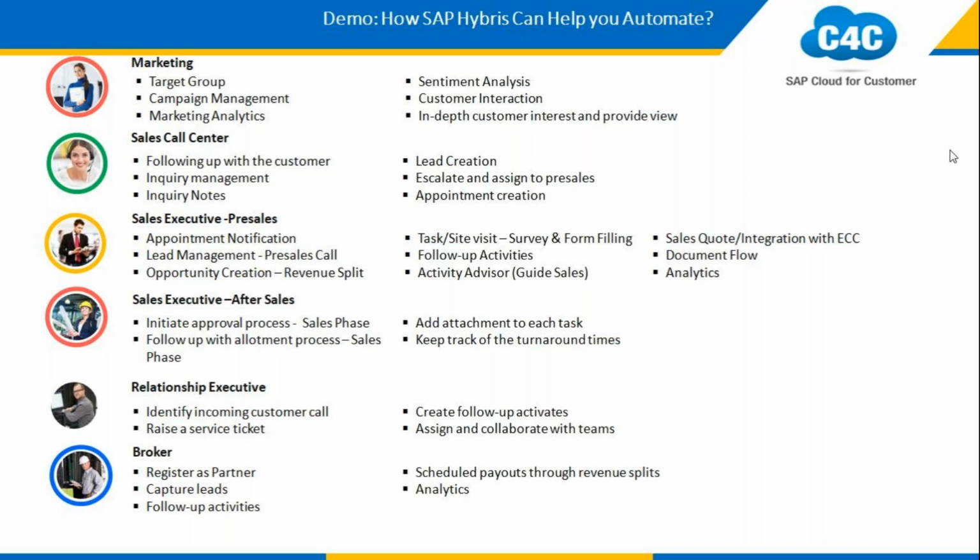Then there is a functionality called after sales also. You can see there is initiate approval process, follow-up, attachment tasks, trackings. So all of that is done in the sales, and the sales order creation and other activities are done after sales. Then there is complaint management, and all of that comes under after sales. Then there are partner scenarios, channel partner or broker or executive scenarios, and you can see these scenarios can be utilized.